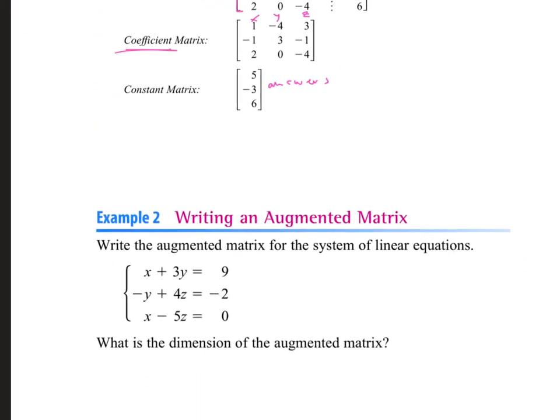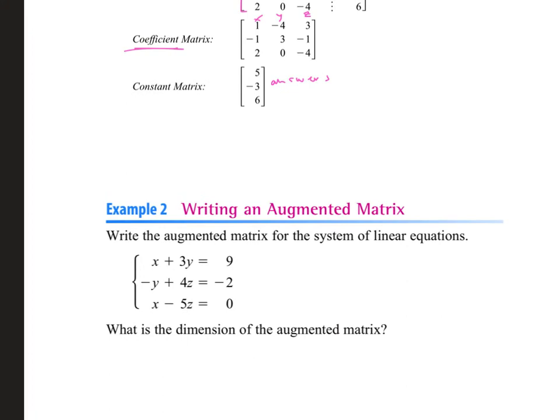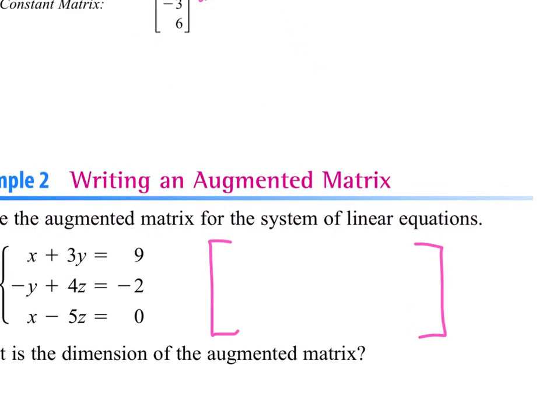So in example 2, it asks us to write the augmented matrix for the system of linear equations. We have to write our coefficients and our answers. So we start with our x's, our y's, our z's, and then the answers.